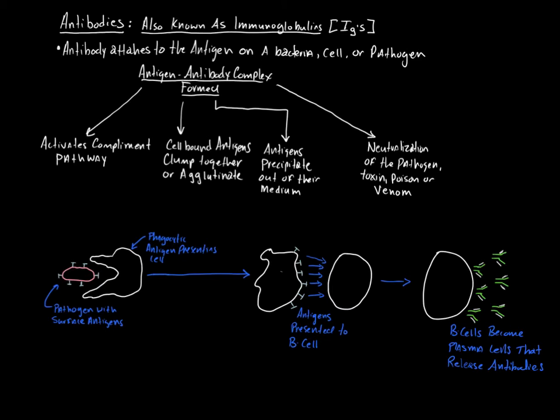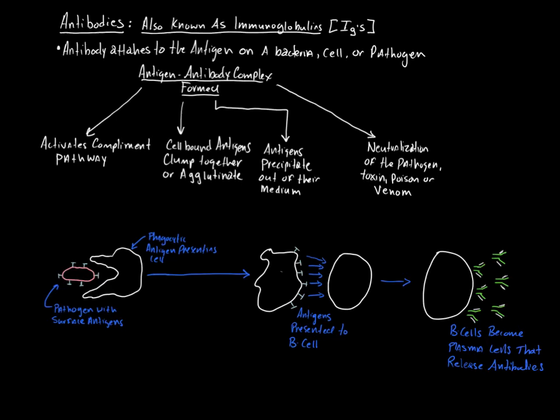It can help exaggerate or enhance the inflammatory response, and it can also help produce proteins, as we talked about in the last set of videos, that are very good at puncturing bacteria and hopefully helping to kill them off.